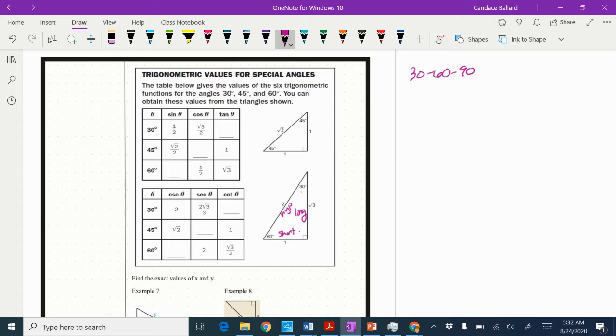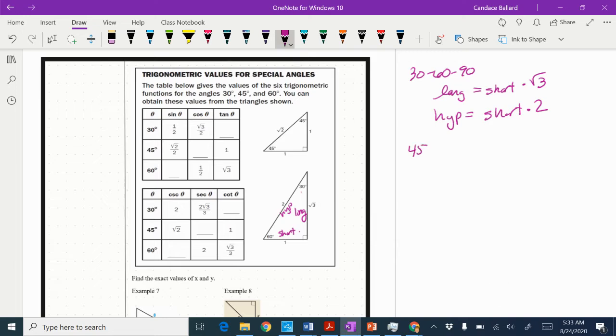So I know that the long equals the hypotenuse times square root of 3. And then I know that the short, nope, I am totally wrong. Having issues this morning, the long equals the short times square root of 3. And then the hypotenuse equals the short times 2.